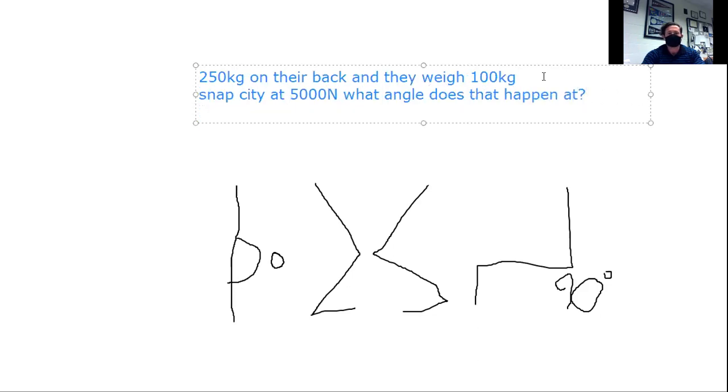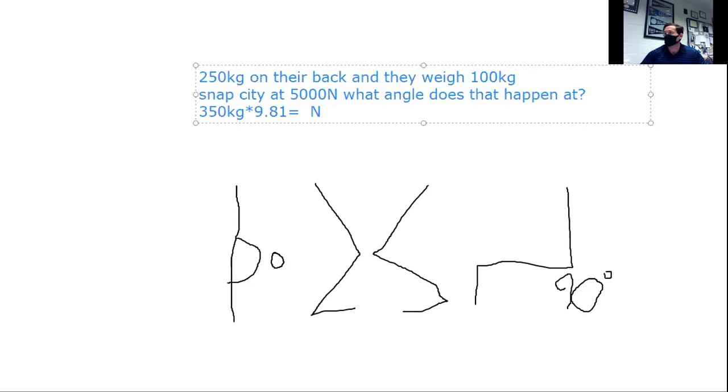Well, the first thing we need is just to get everything into newtons. So we need to take effectively 350 because it's the system mass. It's both the weight of their body and the weight of the bar on their back, and multiply that by gravity. So we can get that into a force that effectively is newtons. Because the way it's currently set up, we don't actually have a force yet.